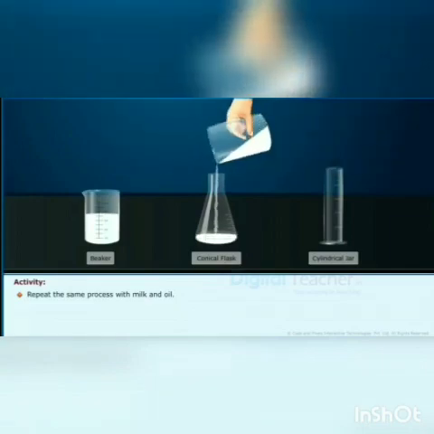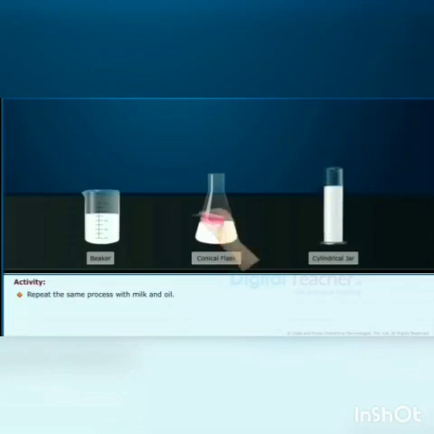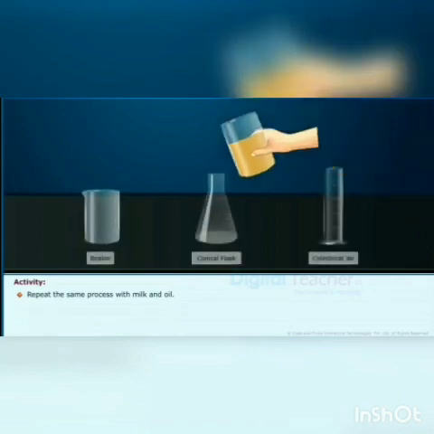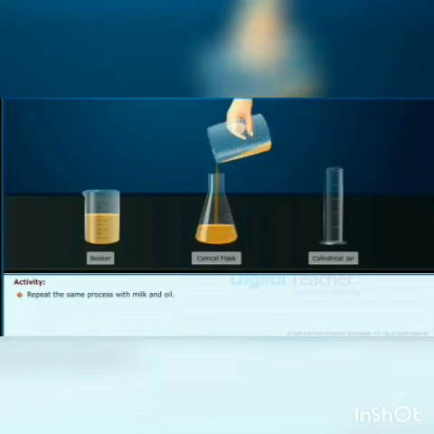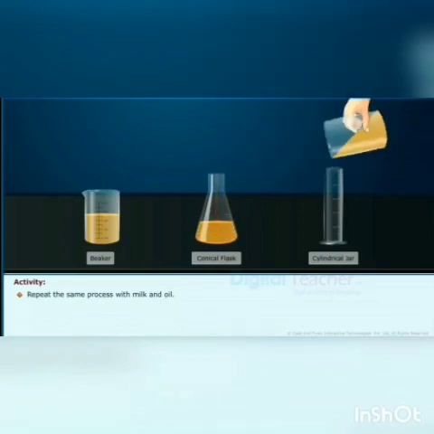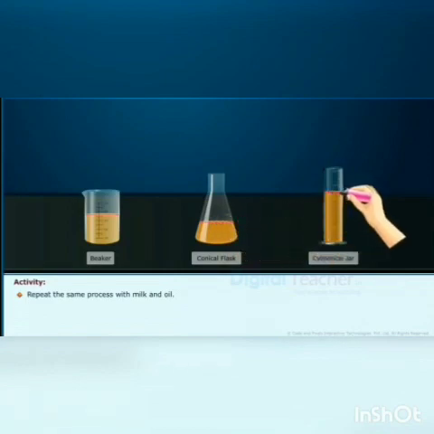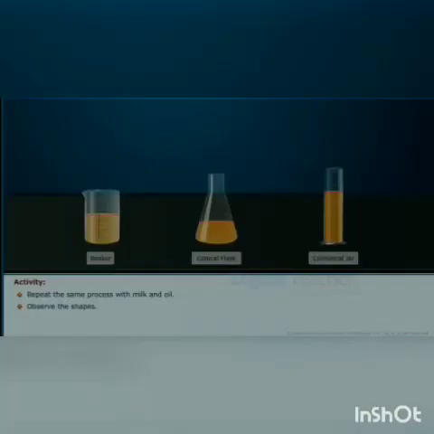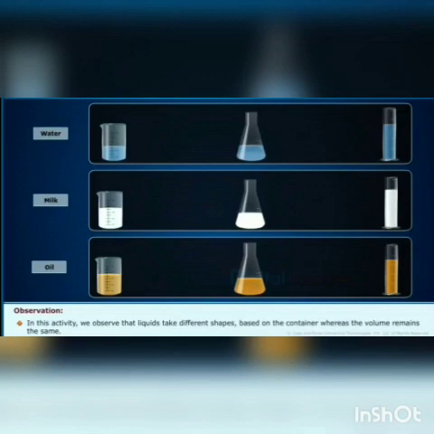Repeat the same process with milk and oil. Now observe their shapes.